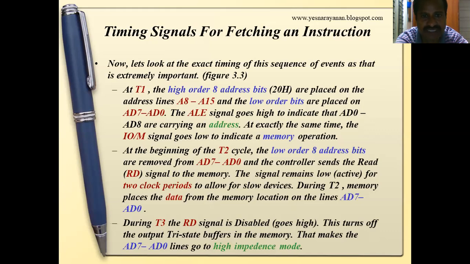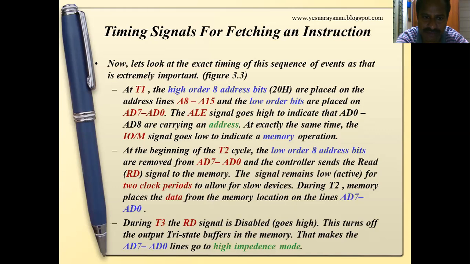At the beginning of the T2 cycle, the lower order 8-bit address is removed from AD0 to AD7, and the controller sends the read, that is RD bar signal, to the memory. The signal remains low for 2 clock periods to allow for slow devices.